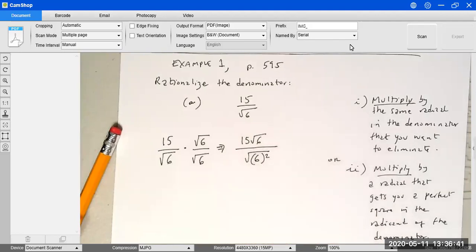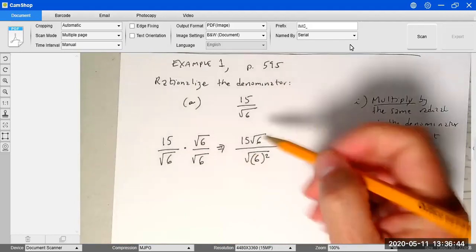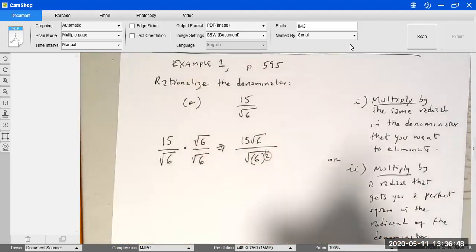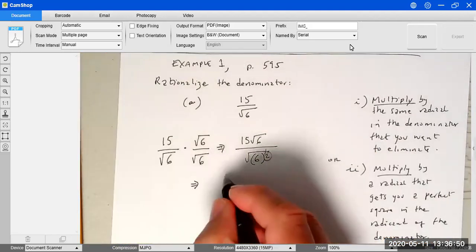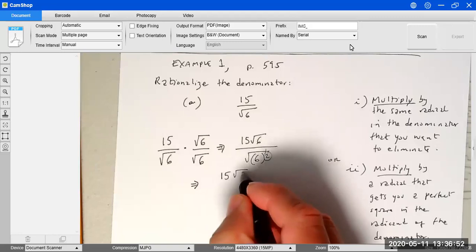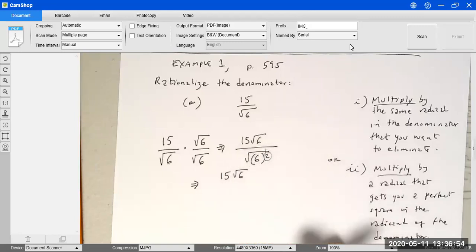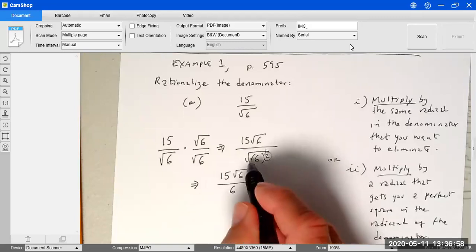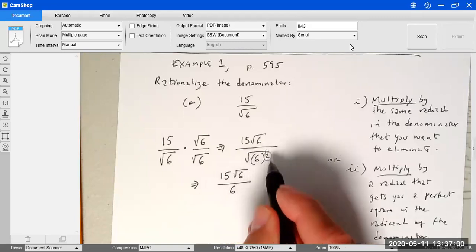Now you can cancel the radical sign and the exponent, so you end up with 15 times 6 square root of 6 over 6, because we removed the radical sign and the exponent.